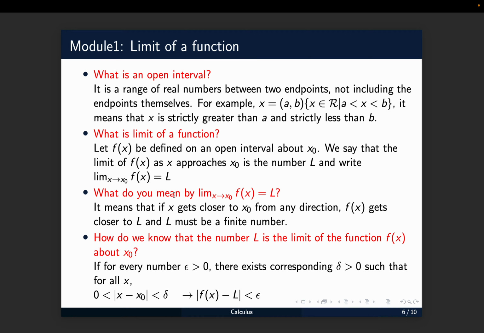Only then do we say that L is the correct limit of the function.